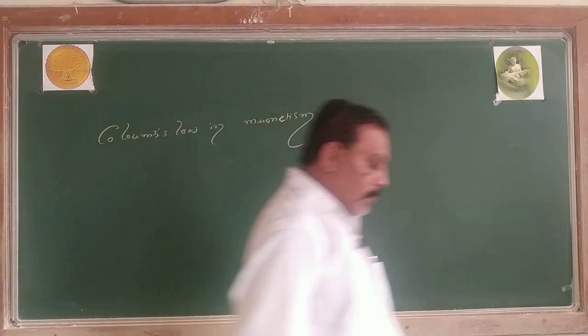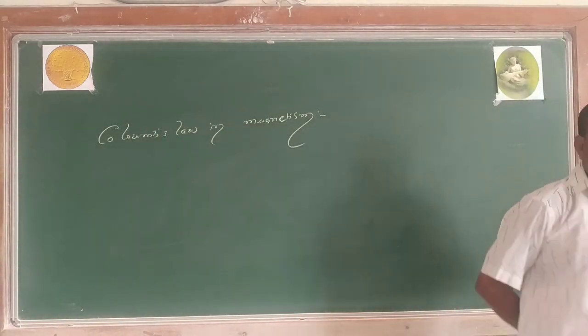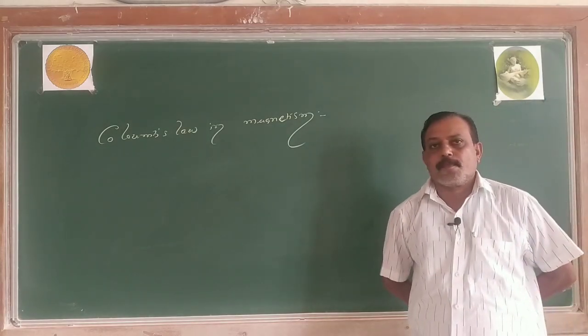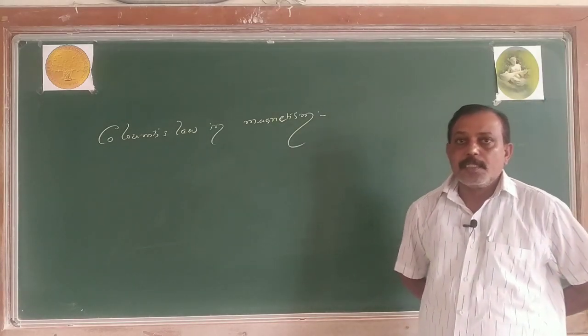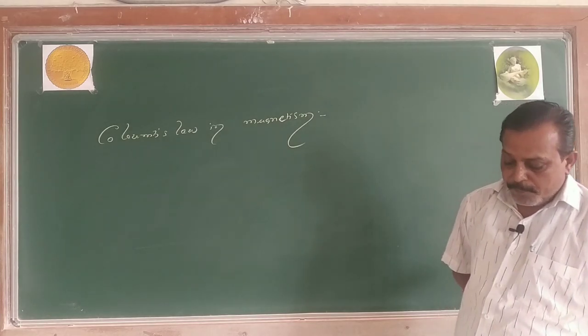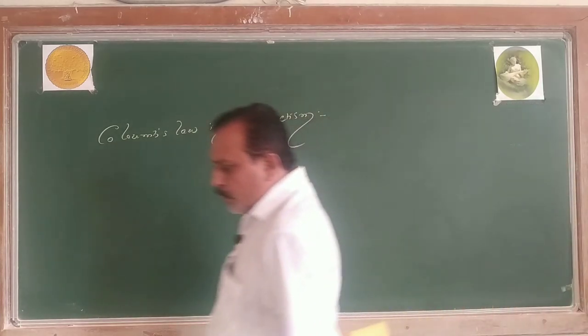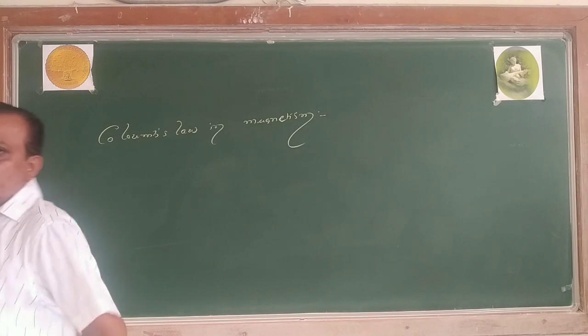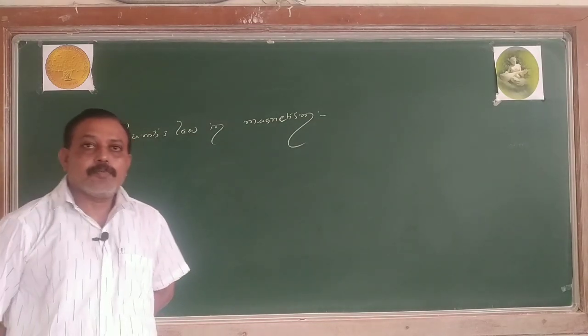Now, Coulomb's law in magnetism deals with two magnetic poles and their pole strength, and the separation distance between them, and there is a force of attraction or force of repulsion. The charges are replaced here by pole strength.